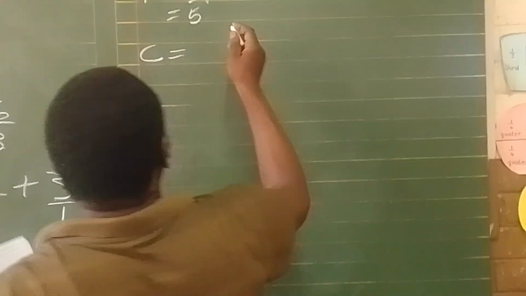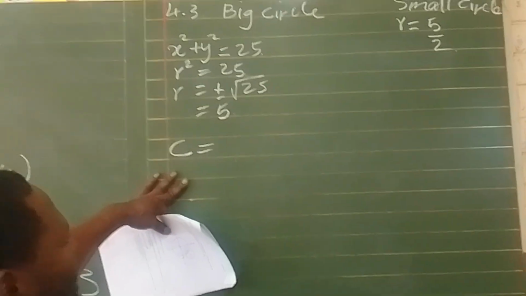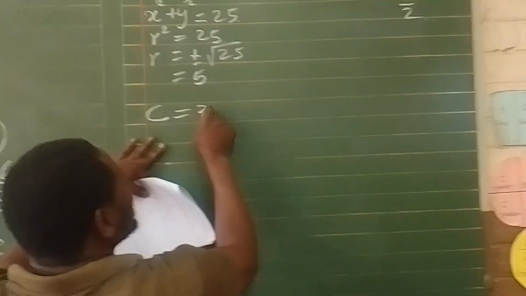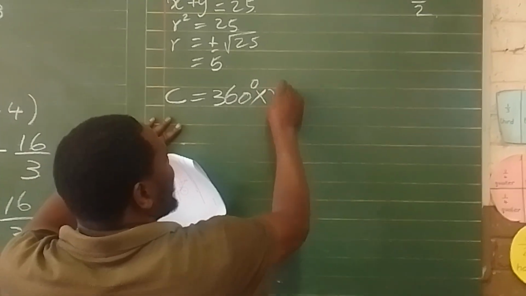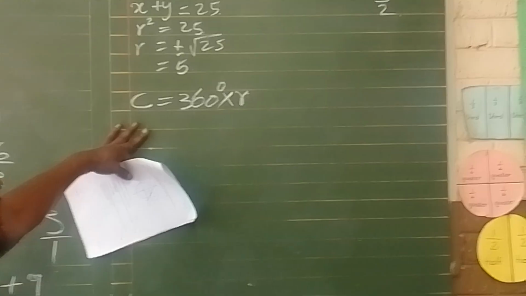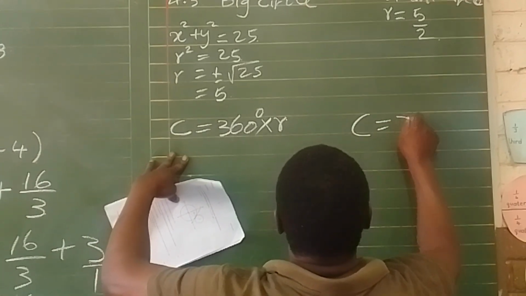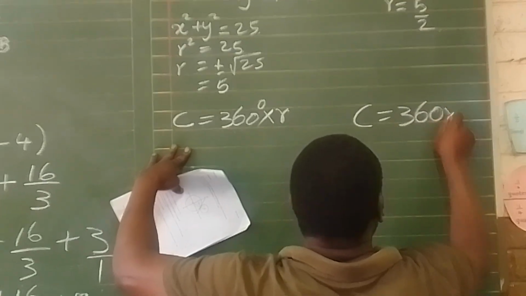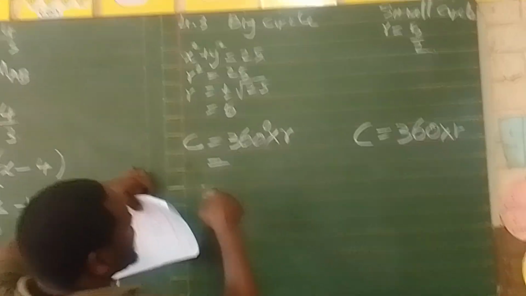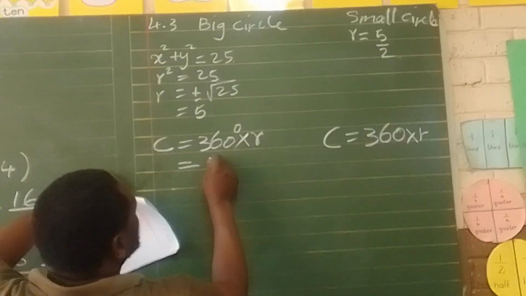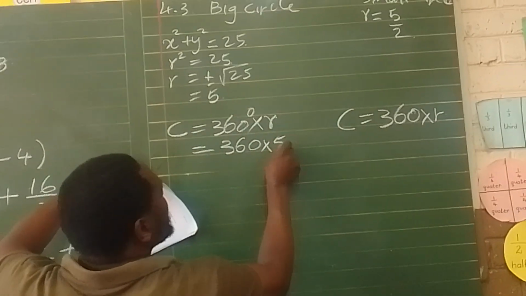We have 360. Rather, here we are using the radians. The degrees is 360 degrees multiplied by r. And then the small circle is C equals to 360 degrees multiplied by r, which is 360 degrees multiplied by 5 for the big circle.